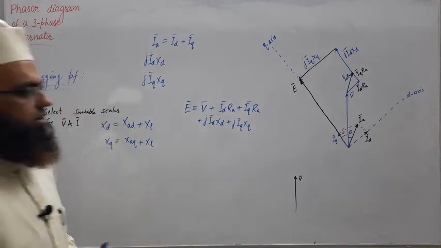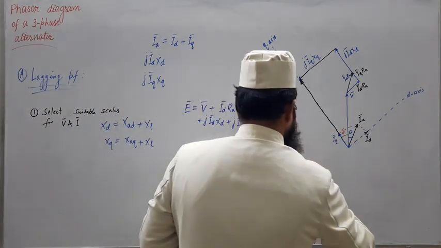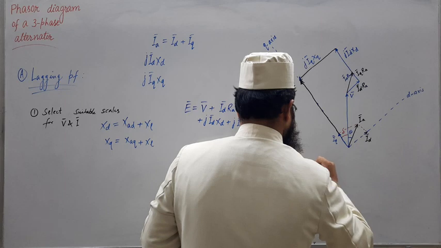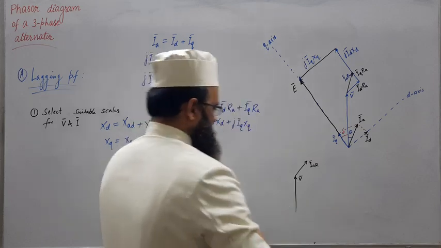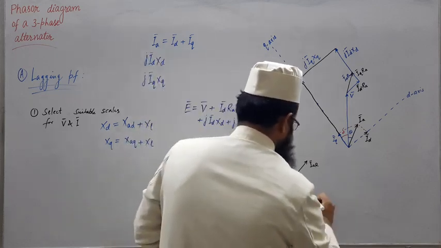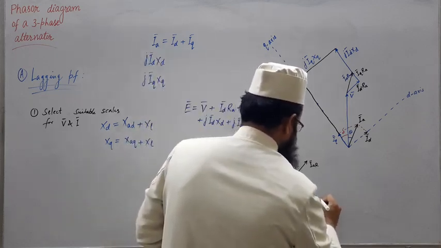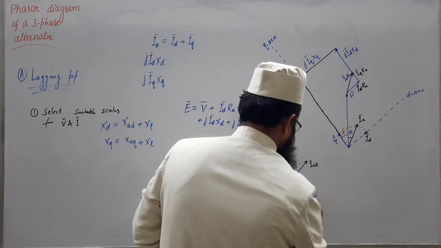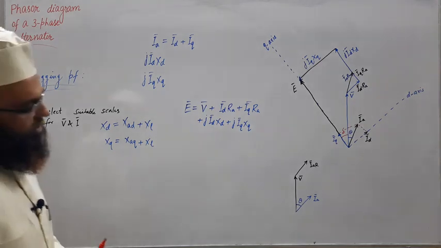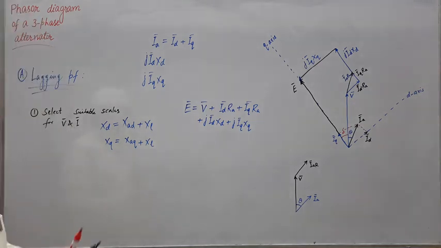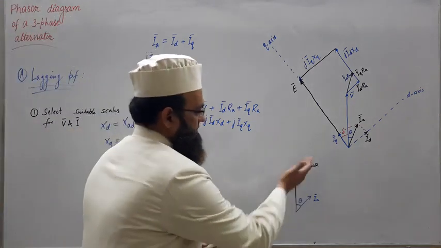Now draw IA array, IA array in parallel with IA. Now draw IAXD perpendicular to IA.